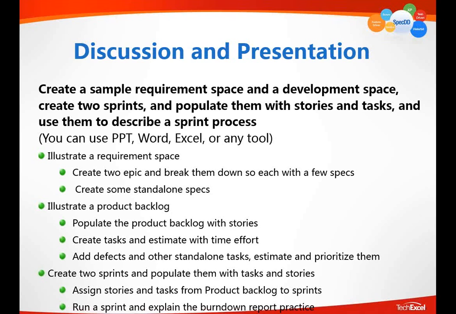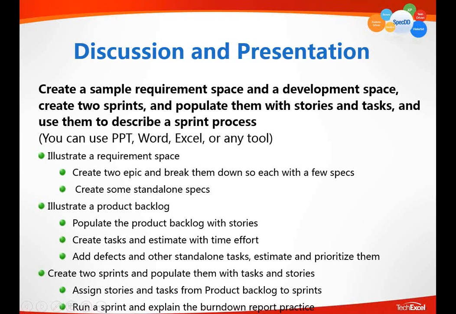I want you guys to create a sample requirement space and a development space, create 2 sprints and populate the sprints with stories and tasks, and use them to describe a sprint process.